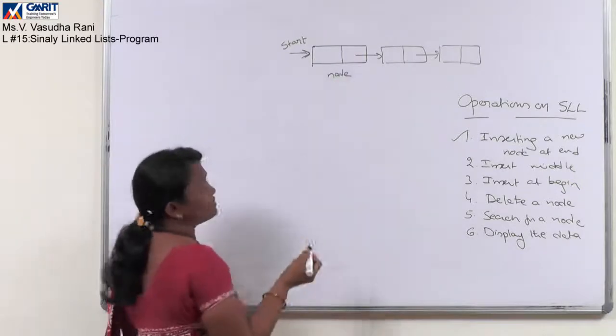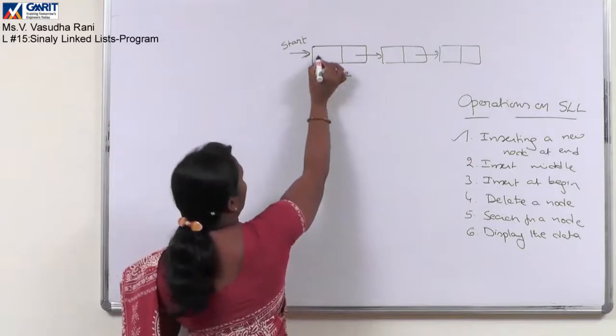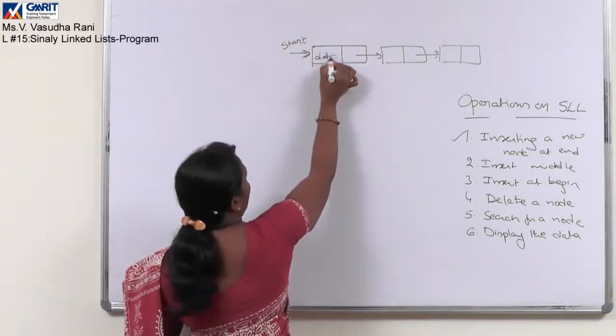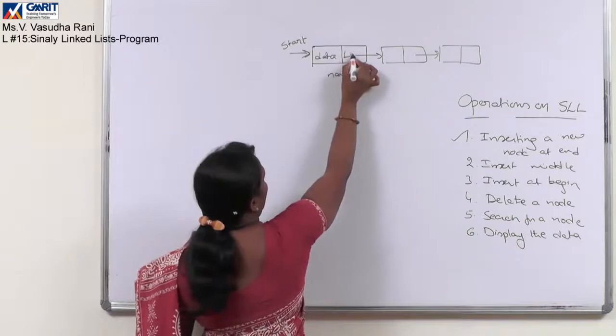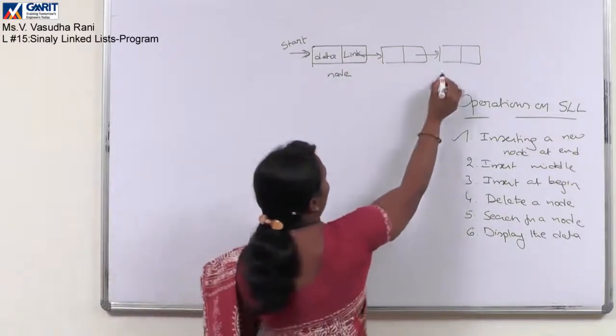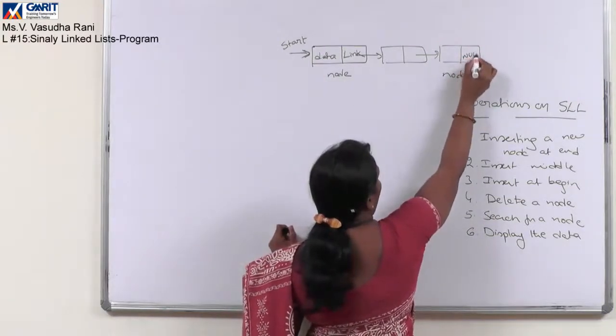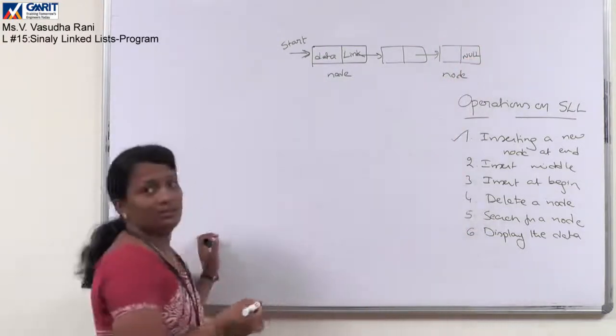and we have to define a structure for the node, and every node will have data part and link part, and this will be your last node with link part equal to null.